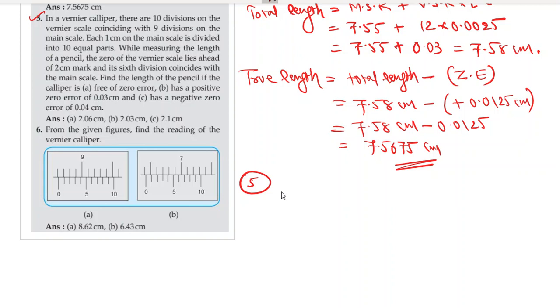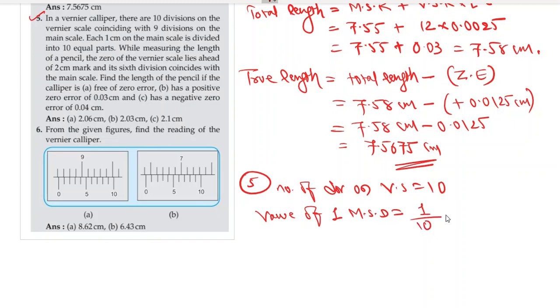So number of divisions on vernier scale is equal to 10. Each 1 centimeter on main scale is divided into 10 equal parts. So value of one main scale division is equal to 1 by 10 centimeter, that is 0.1 centimeter.